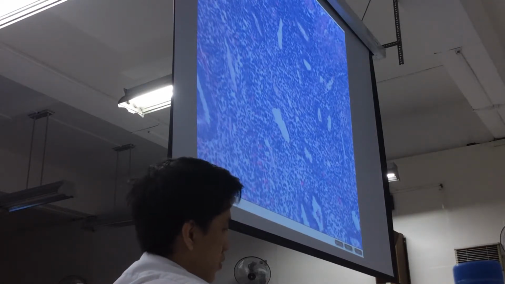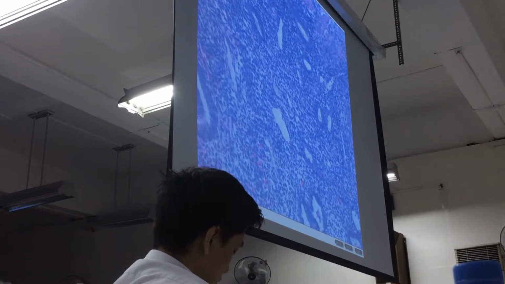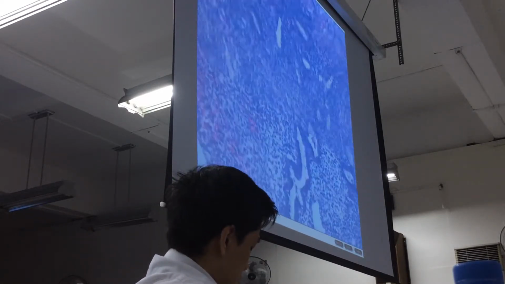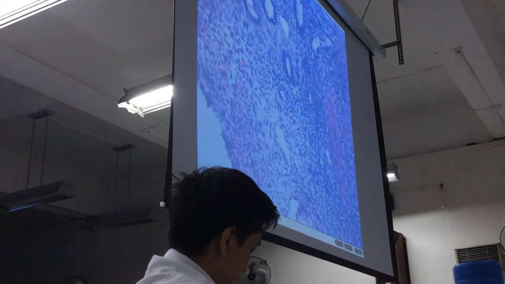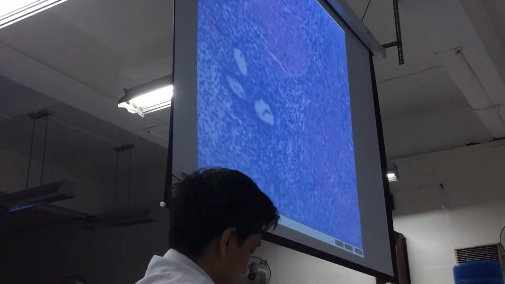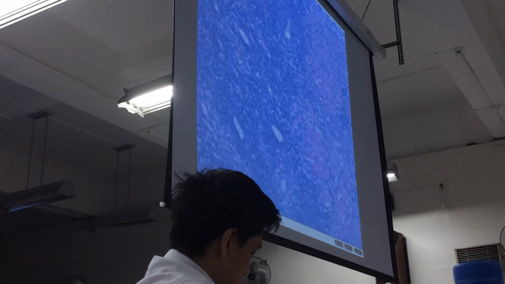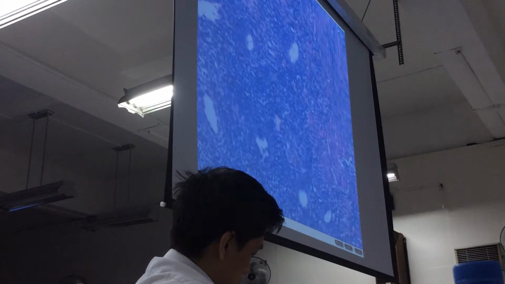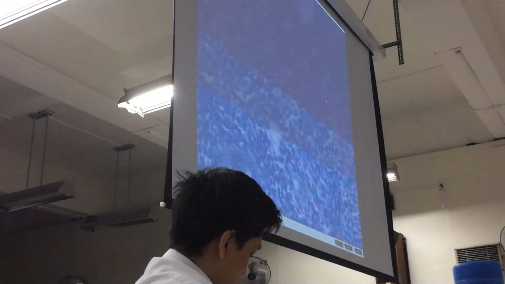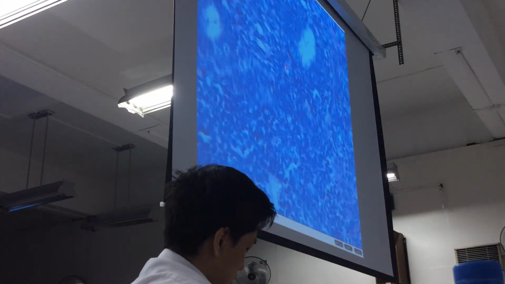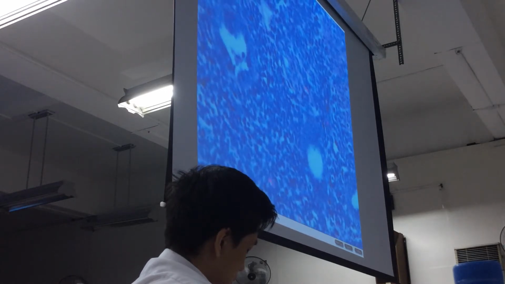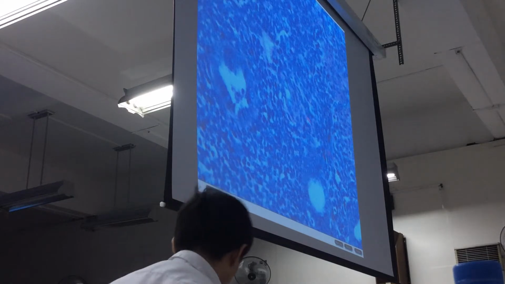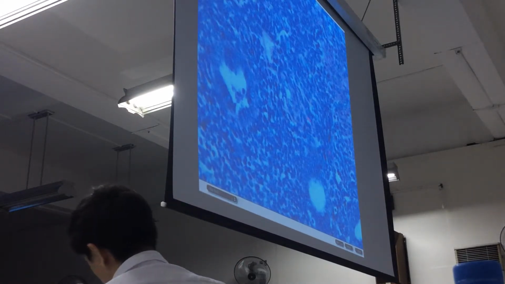Okay? You will see spiral arterioles in some areas, and this is not responding to any of the hormonal changes happening in the body. So the endometrium, the basal part, is not responding to any of the hormonal changes. It remains basal.